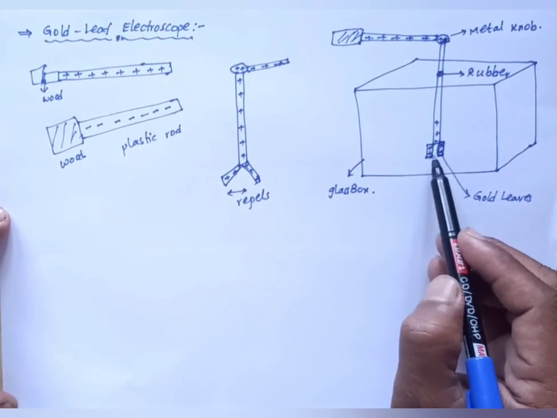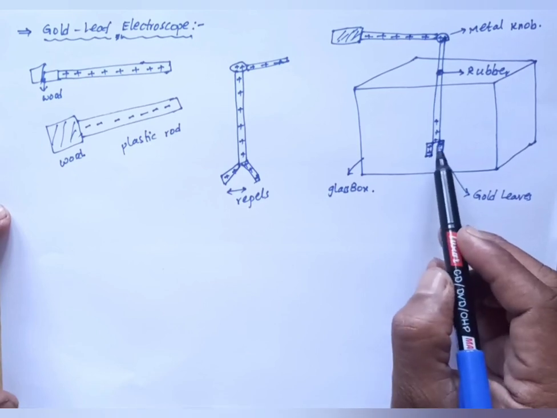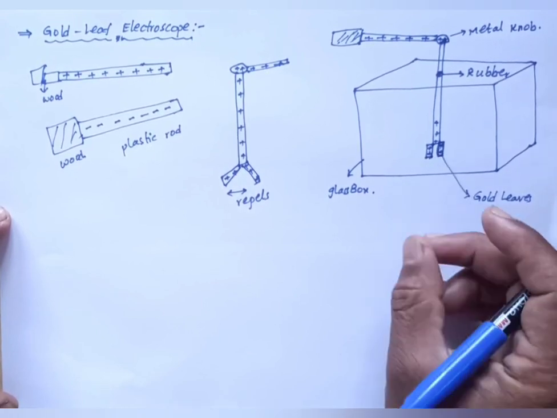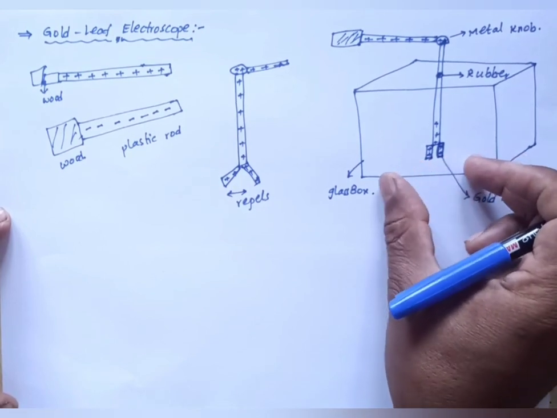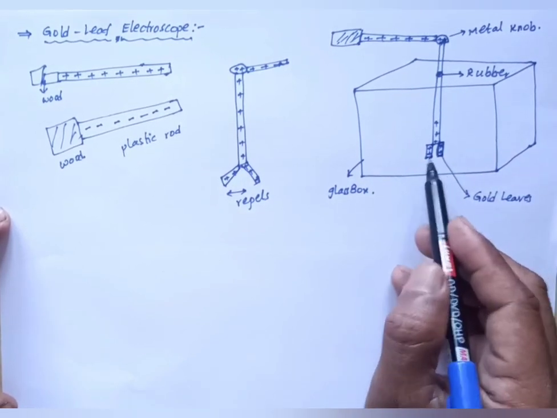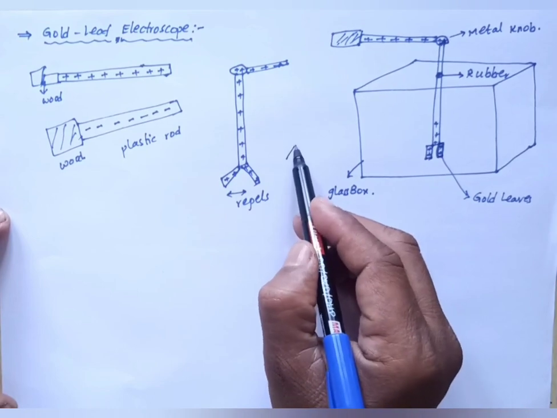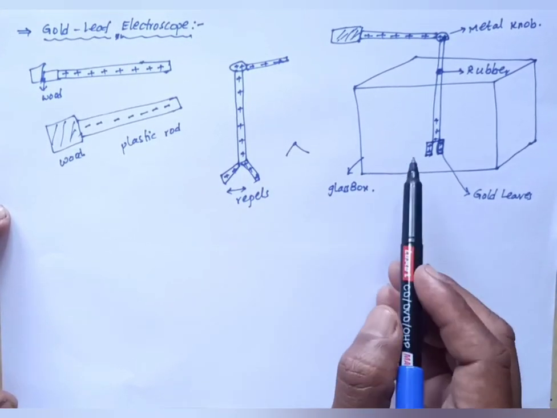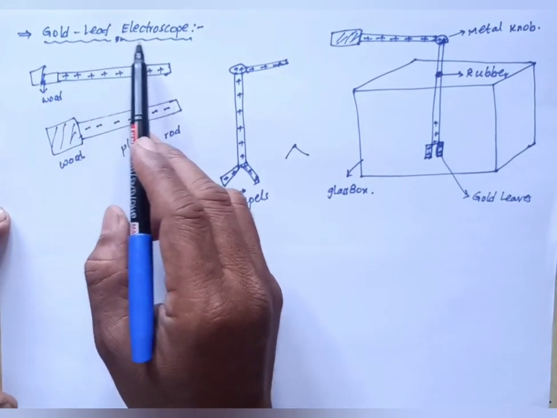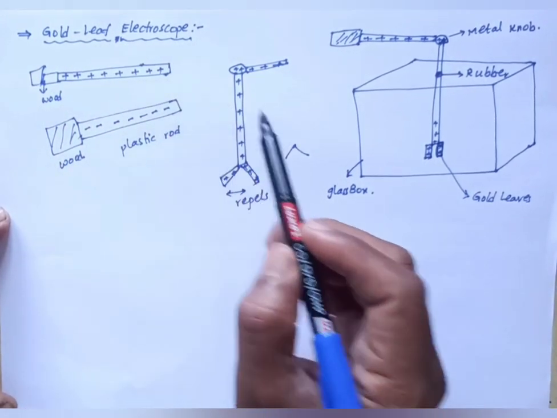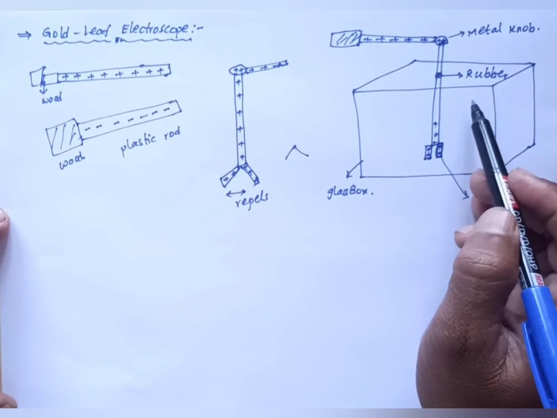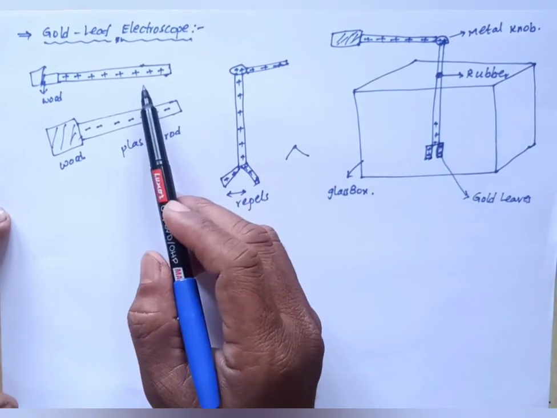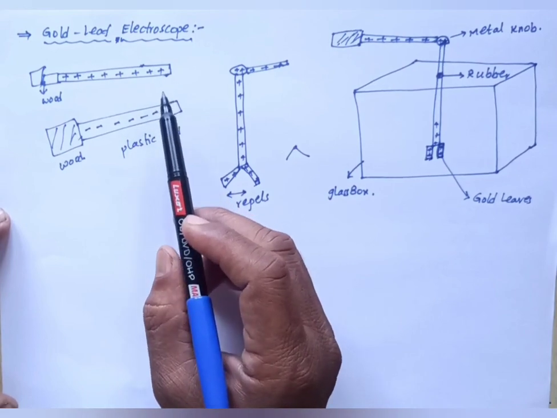Both gold leaves acquire negative charge. Like charges repel each other, so the leaves repel, in an opposite V shape. So this is the gold leaf electroscope, an apparatus to detect whether a body is charged or not.